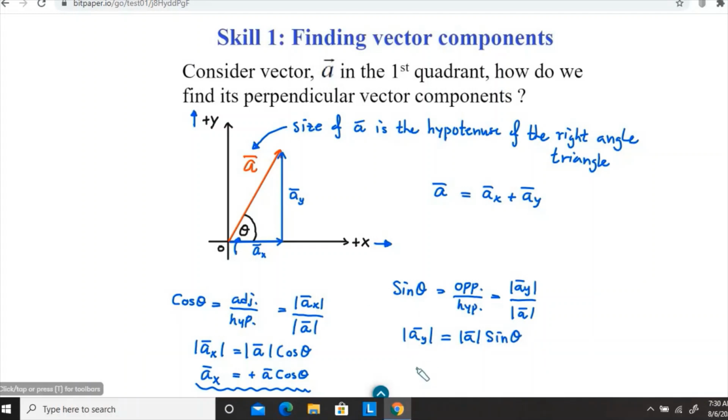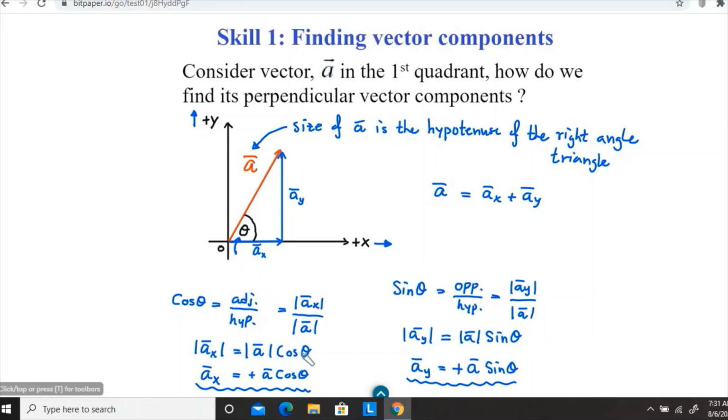And as a vector, I can represent Ay vector as positive A sine theta. Why is it positive? Because you can see the vector Ay is aligned in the positive y direction. So that's how you get the component vectors for this vector A in the first quadrant.